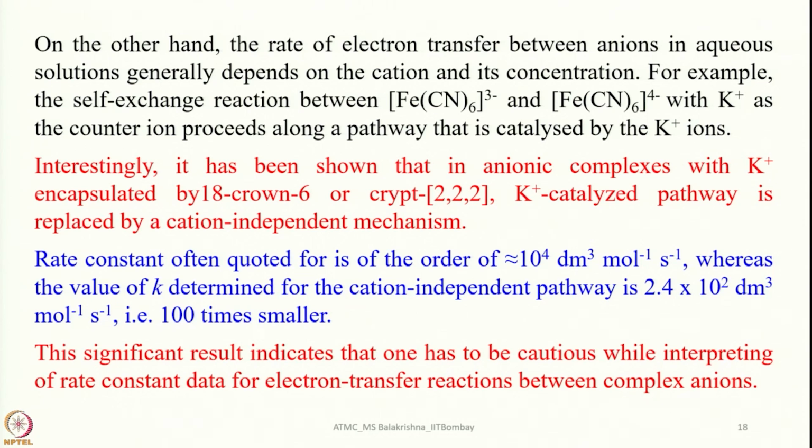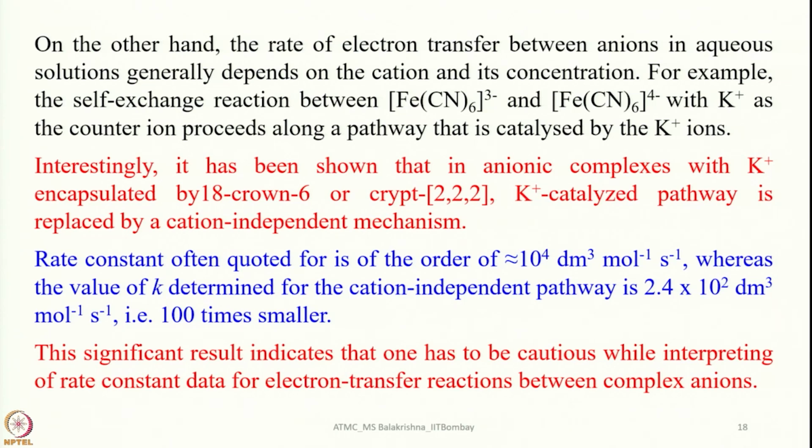So, interestingly, it has been shown through experiments that in anionic complexes with K plus, you add 18 crown 6 ether or cryptand 222, so that the potassium cation can be encapsulated. Once the potassium cation is encapsulated with this kind of multidentate ligand, what happens? Its activity is arrested, its mobility is arrested.